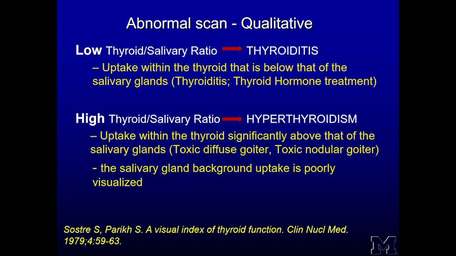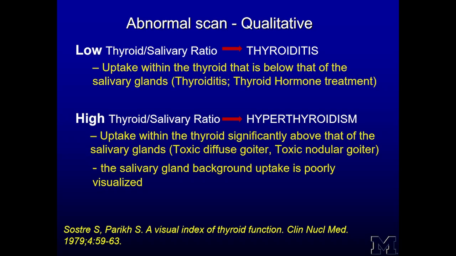So the interpretation of the scan is based on a qualitative assessment of the imaging regarding the thyroid to salivary gland ratio. A low thyroid to salivary gland ratio reflects the fact that the uptake of radiotracer within the thyroid gland is below that of the salivary glands, and this is consistent with thyroiditis, or possibly with thyroid hormone treatment, which suppresses the uptake of radioisotope in the thyroid gland.